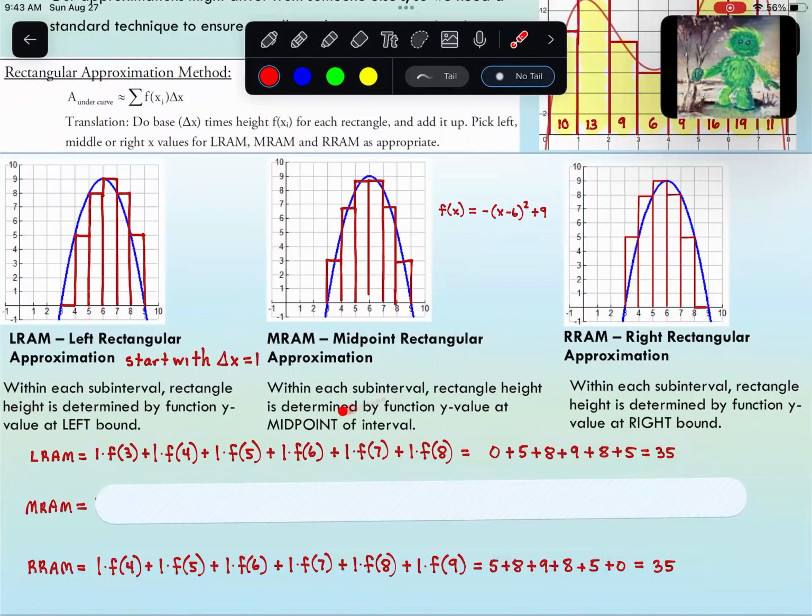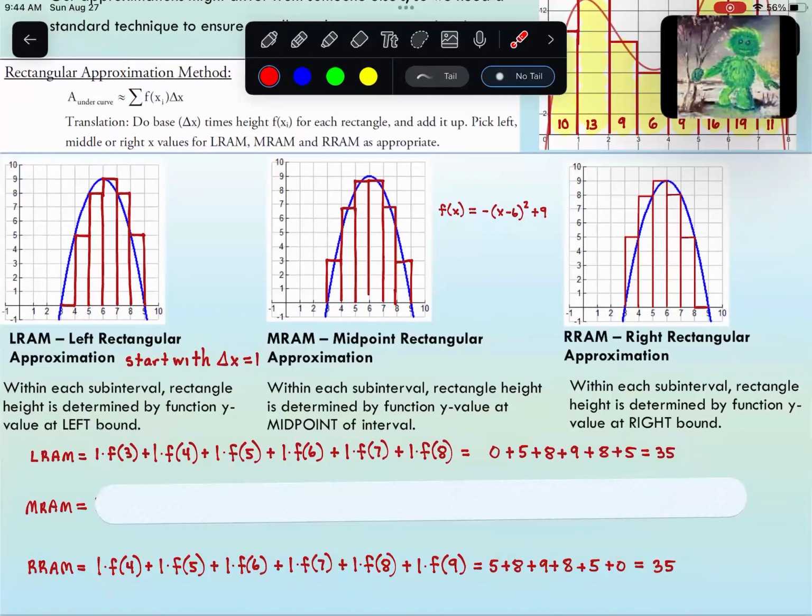Now, right in the middle, we've got the third technique, MRAM for midpoint. What we're doing here, you can look again and see, same function, same subintervals, same widths and all that, but the height of each rectangle is based on what the function is doing in the middle of each subinterval.